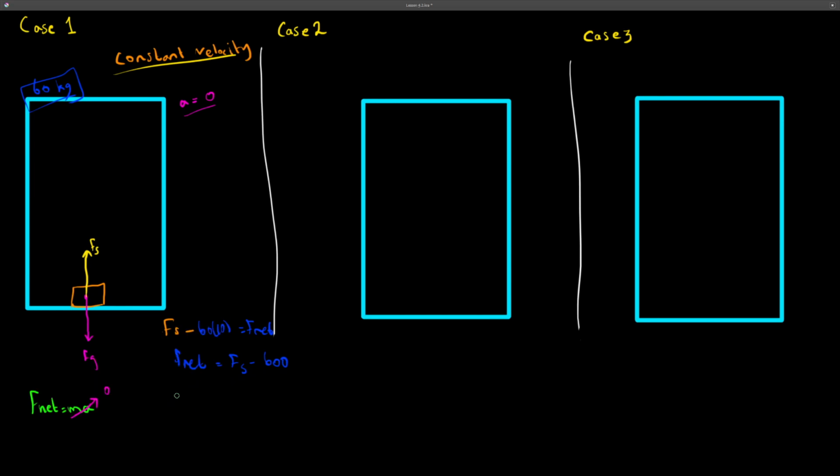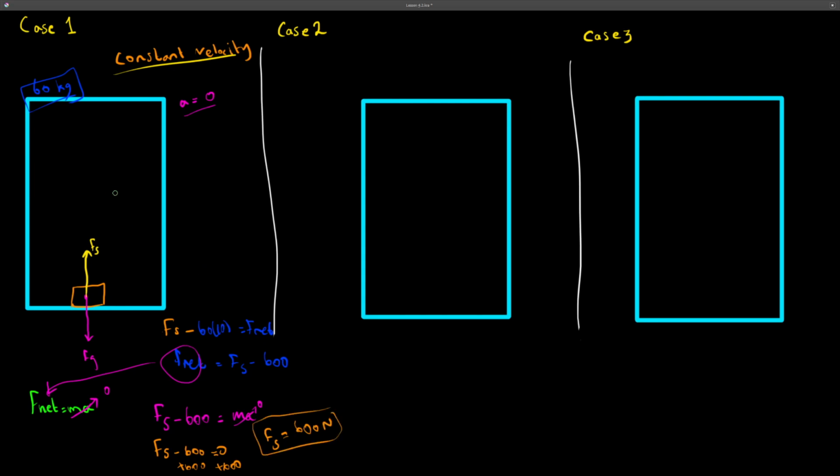I take this Fnet and substitute it into my Fnet equals ma formula. This is going to be Fs minus 600 equal to ma, but ma is 0. So Fs minus 600 equals 0, plus 600 on both sides. And my Fs, the force of the scale, will read 600 newtons.